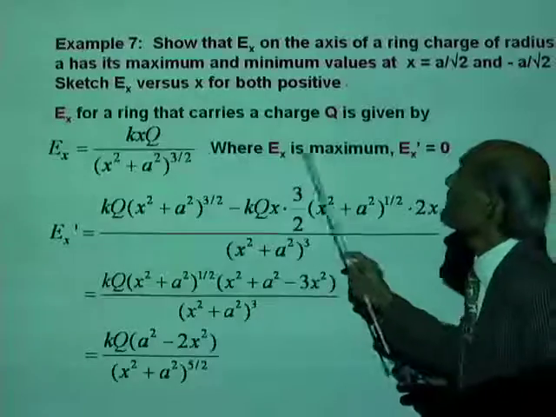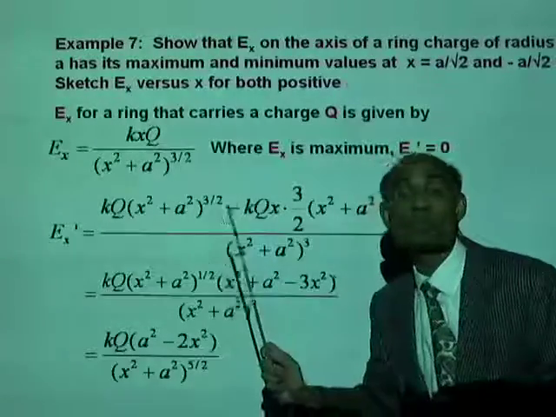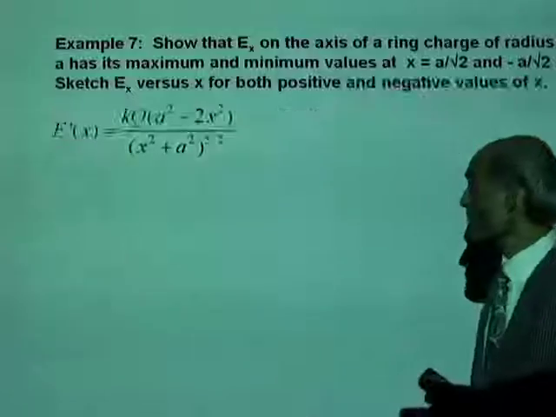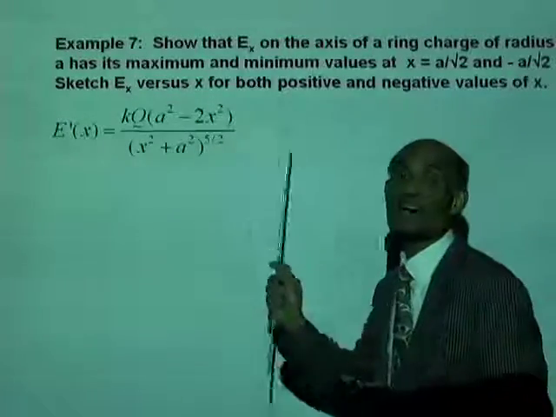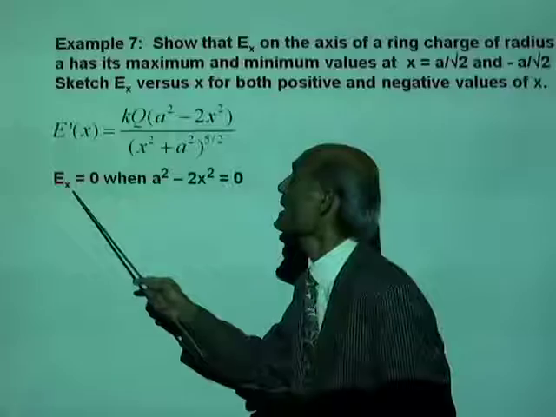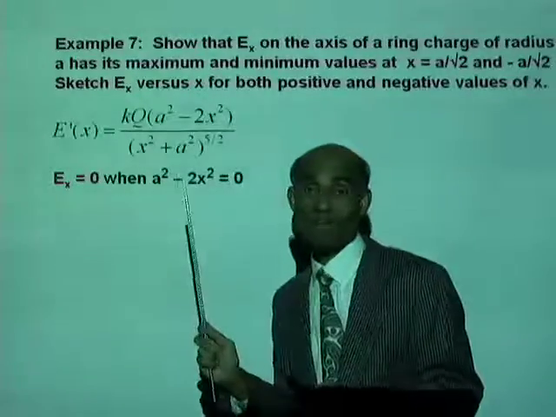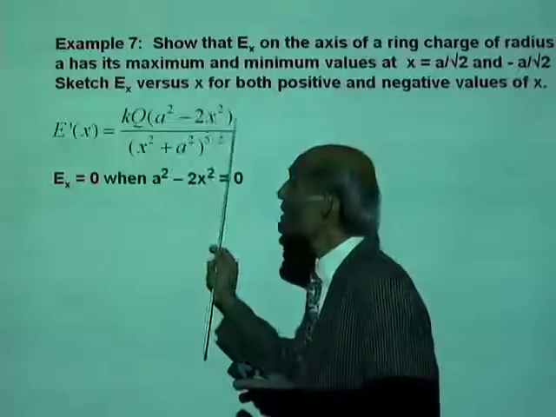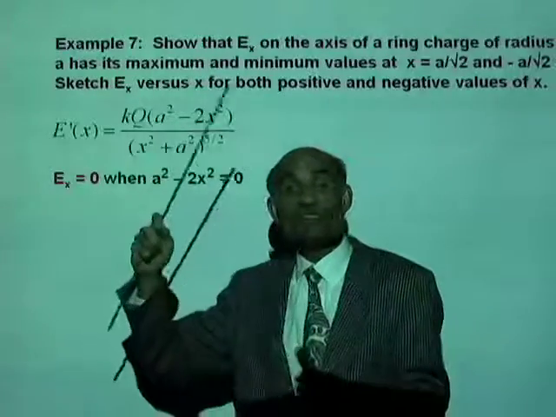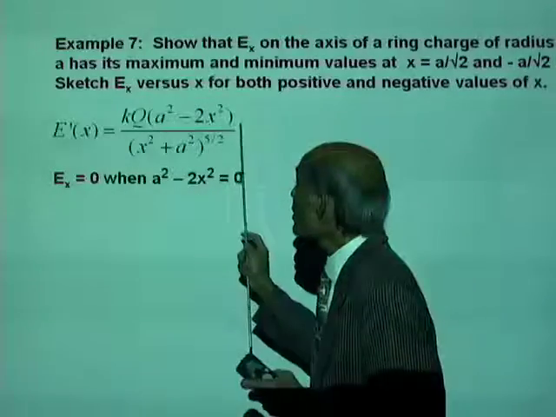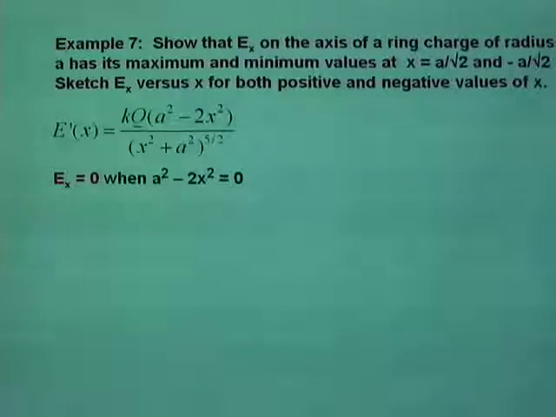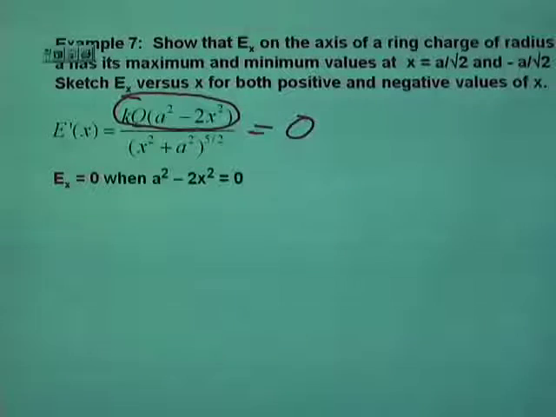Now this is the derivative of that quantity. When the quantity Ex is a maximum or a minimum, that derivative will be 0. So let's set that equal to 0. Do you know that a rational expression becomes 0 when its numerator is 0? So when you set this equal to 0, the numerator will be 0.